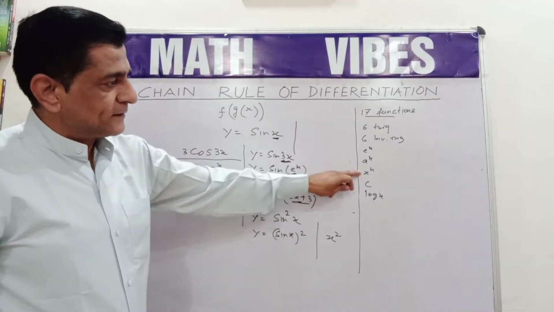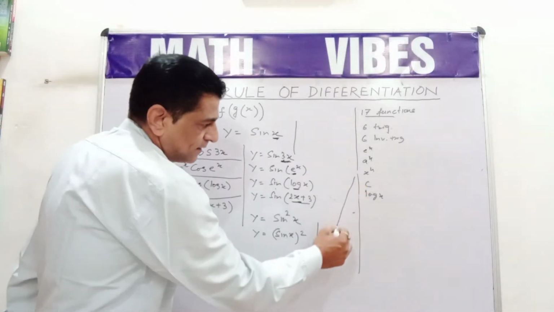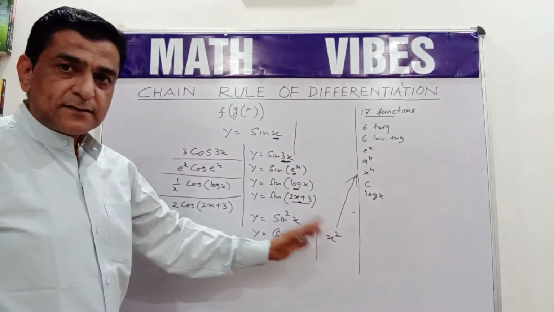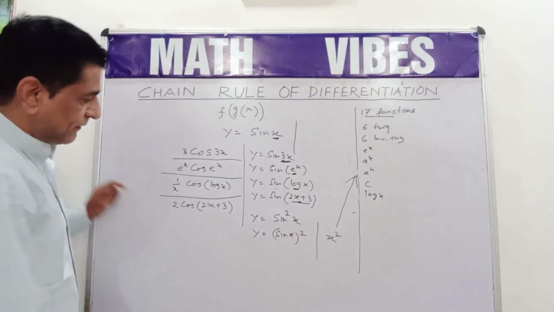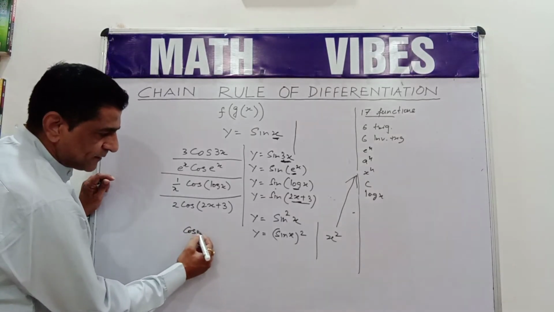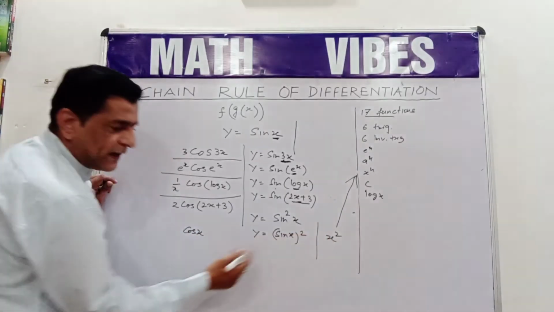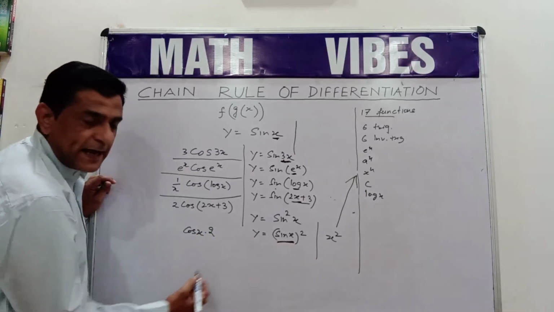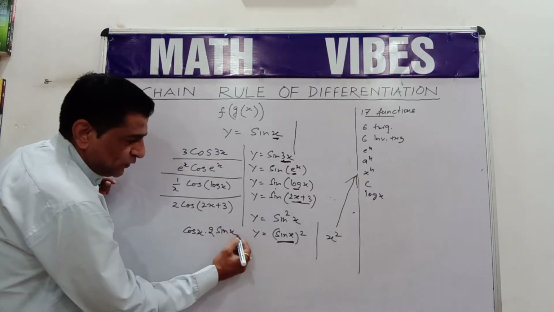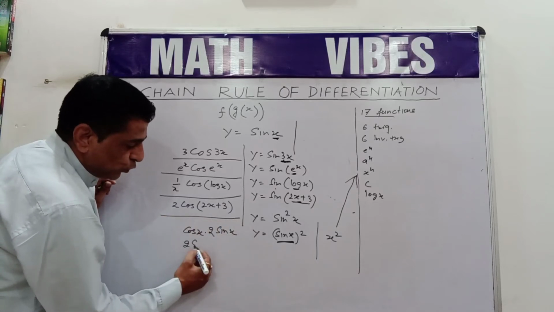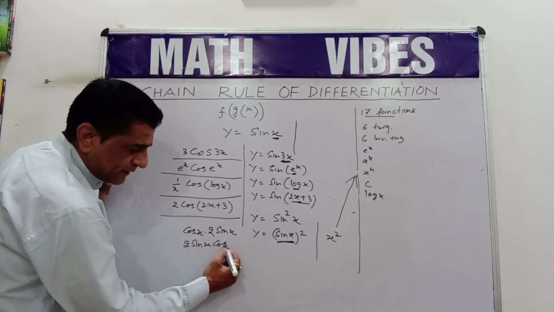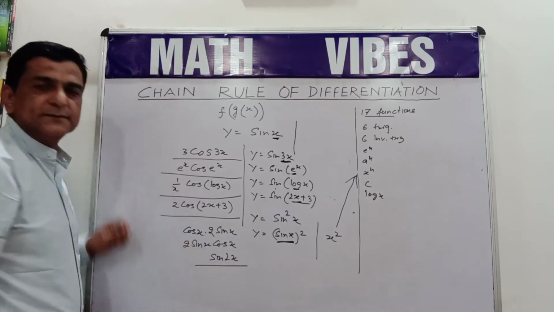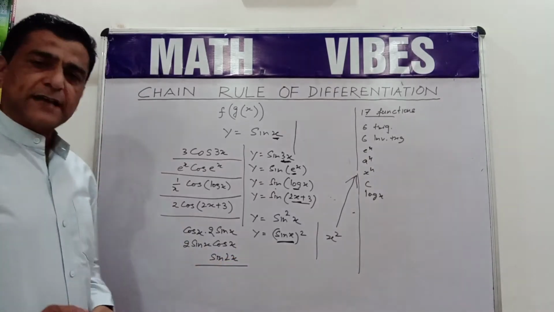To differentiate this, we first find the derivative of sin x, that will be cos x, and the derivative of x square is 2x, with 2 and in place of x, the actual x, that is sin x. So the answer is 2 sin x cos x, that can be written as sin 2x. So this is the derivative of sin square x.